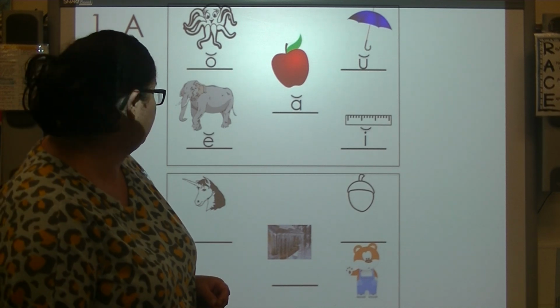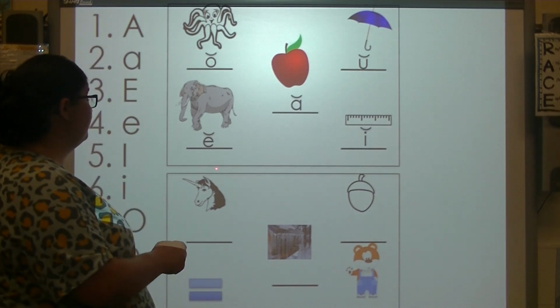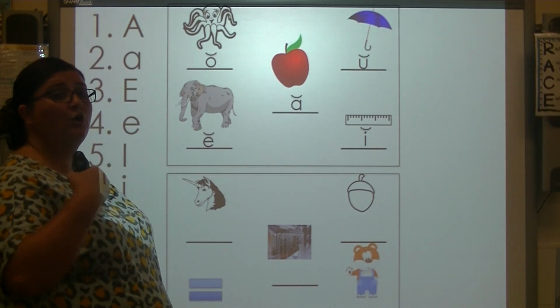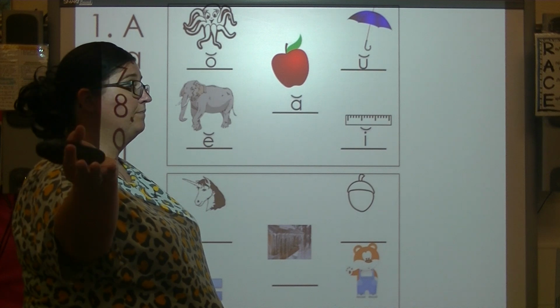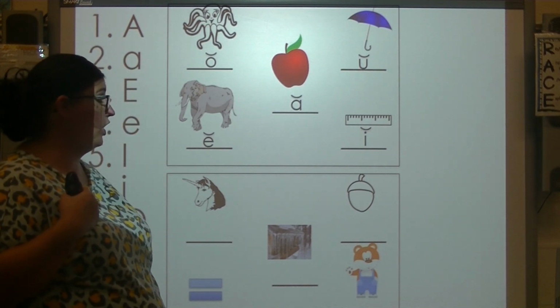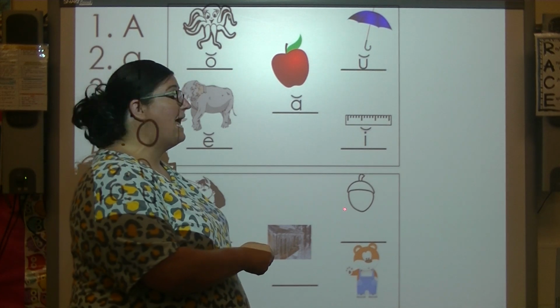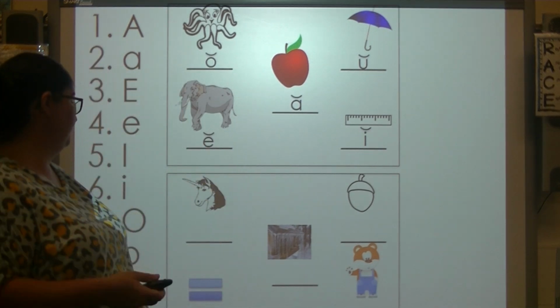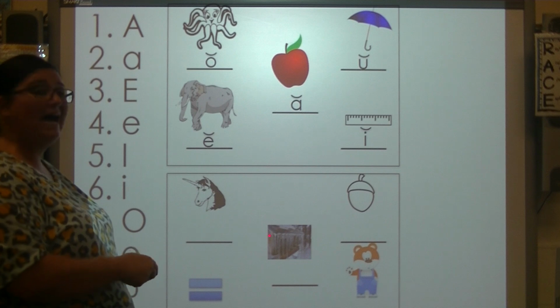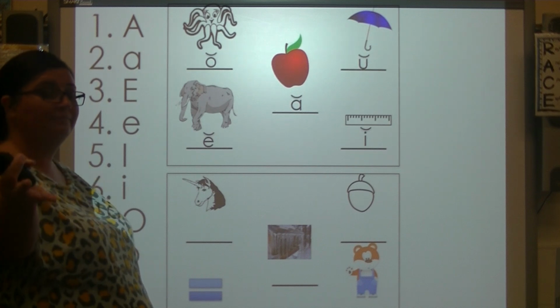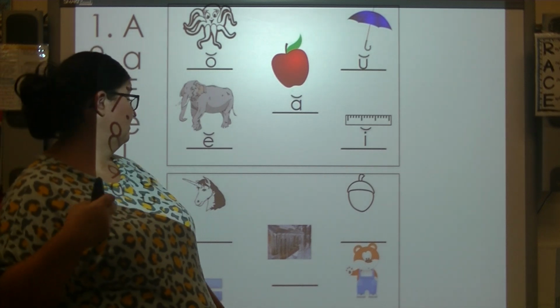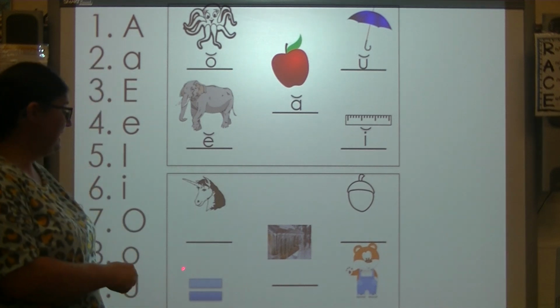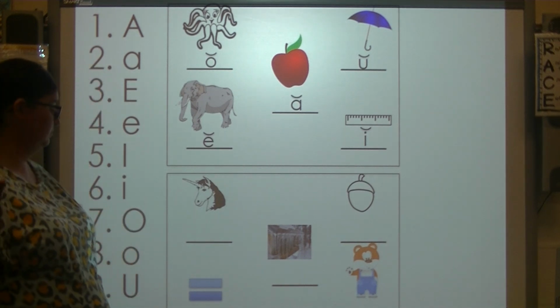All right, let's go over the pictures. We have a unicorn. Say it. Yes, unicorn. Acorn. Yes, acorn. Icicles. Yes, icicles. Equal.